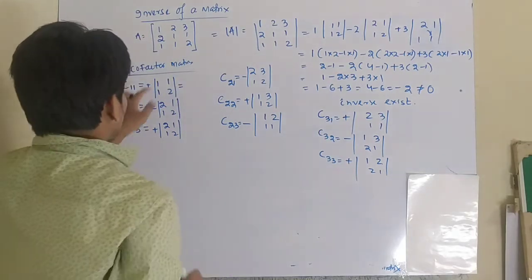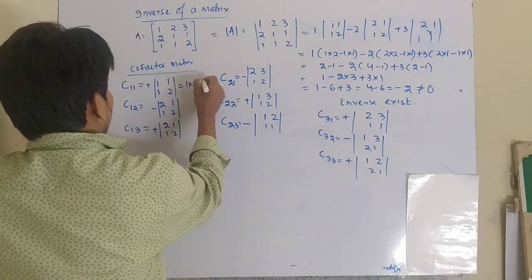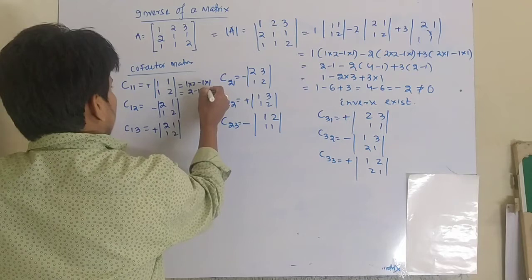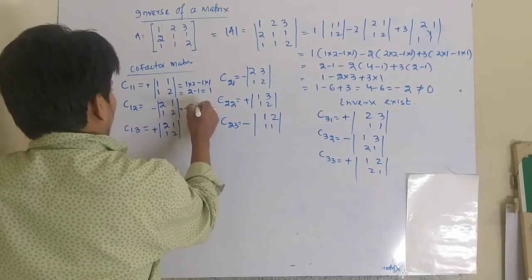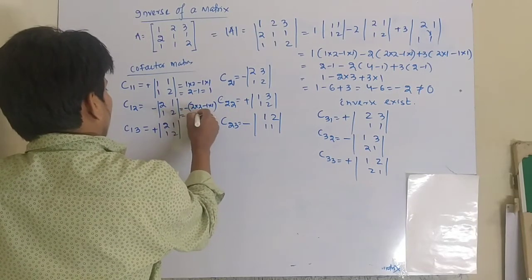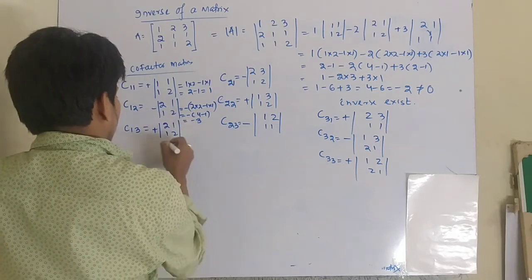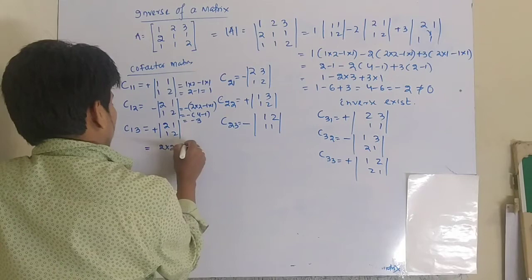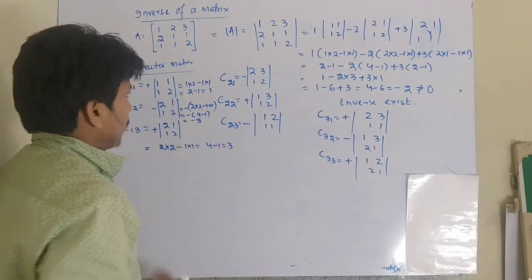Now you have to calculate: 1 into 2 minus 1 into 1. So 2 minus 1 is 1. Here minus is there. 2 into 2 minus 1 into 1, 4 minus 1 is minus 3. Like that, 2 into 2 minus 1 into 1, 4 minus 1 is 3.